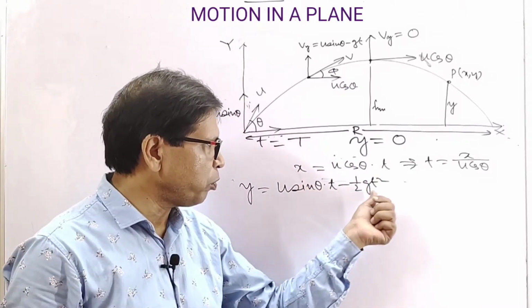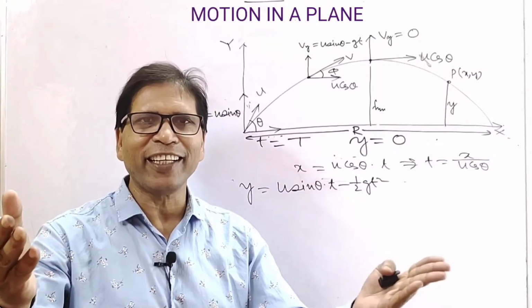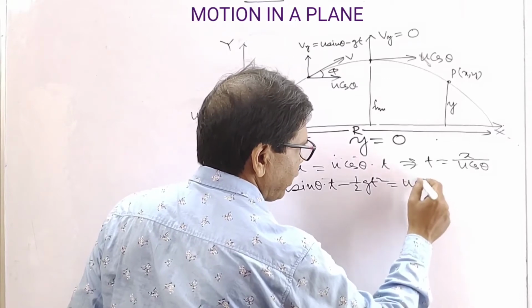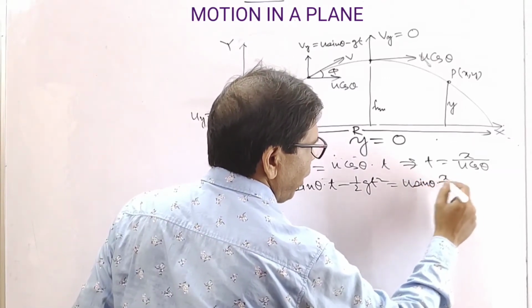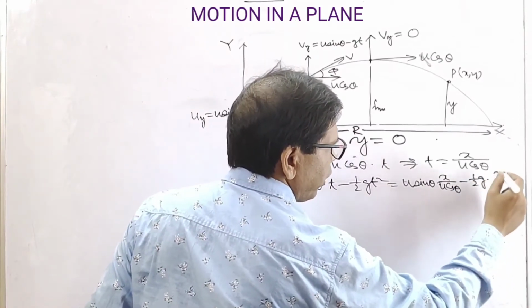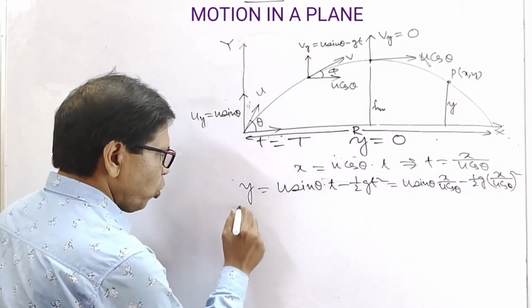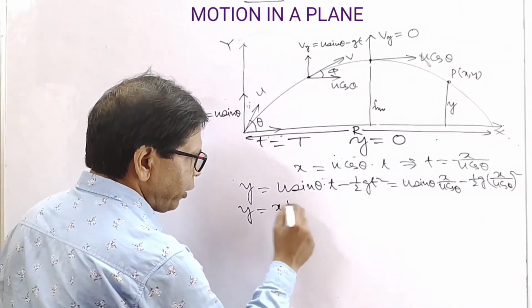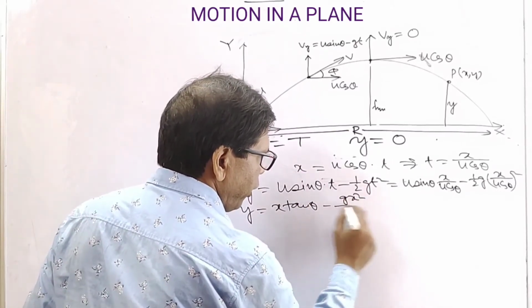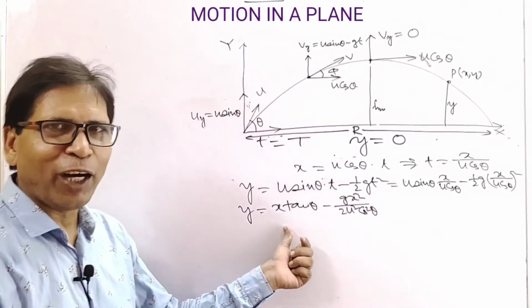If we eliminate t from these two equations, we can get the equation of trajectory of the particle. So y equals u sin theta, and t equals x by u cos theta, minus half g and t square, so x by u cos theta whole square. Therefore y equals x tan theta minus g x square divided by 2 u square cos square theta, which is the equation of trajectory.